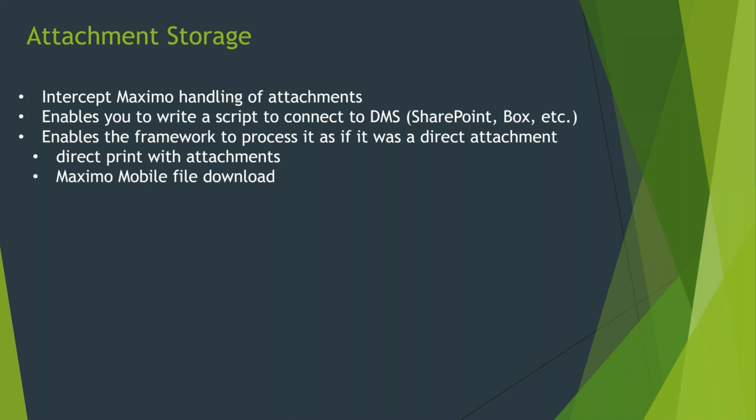You have the capabilities that SharePoint or Box provide you, but at the same time, you have all the capabilities that we have in the mobile product or with the direct print with attachments. So this is a neat way to do it. I have a link to a basic example at the end of the slides. If this is something you're interested in, obviously the plumbing of how to connect to SharePoint or Box you'll have to handle, but we've tried to make it easy for you to do.